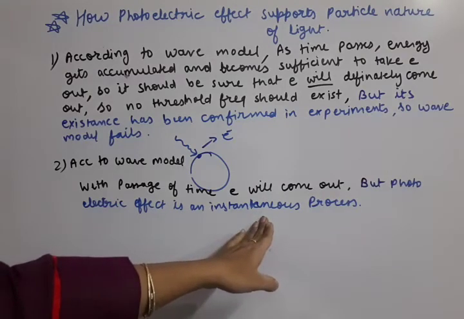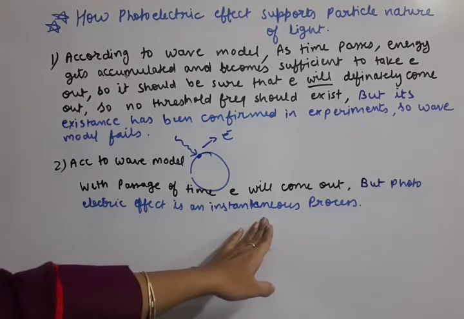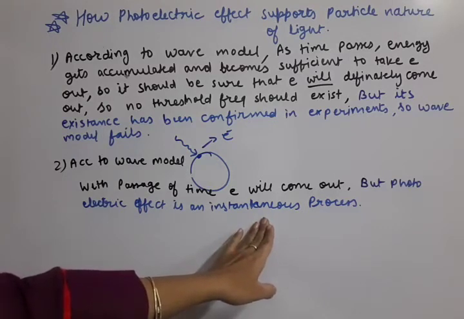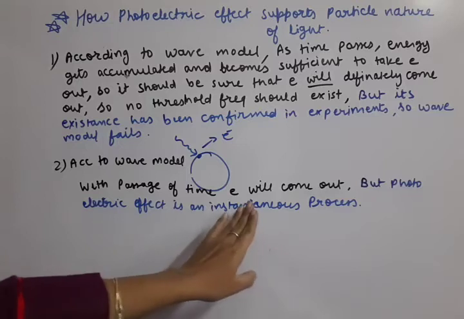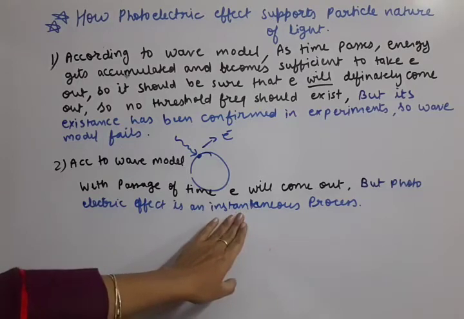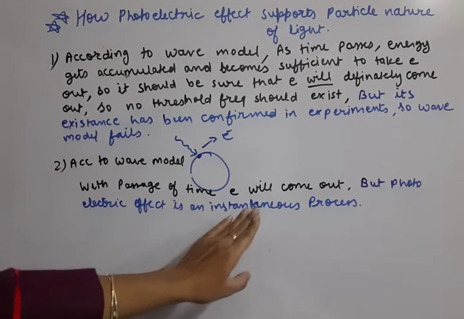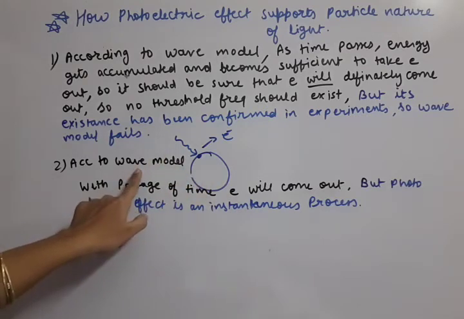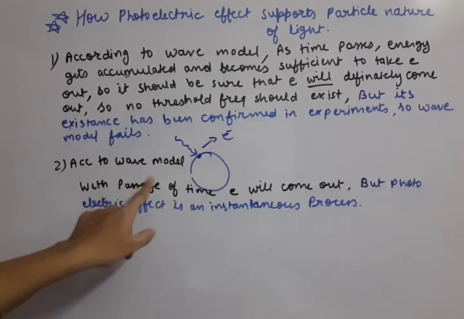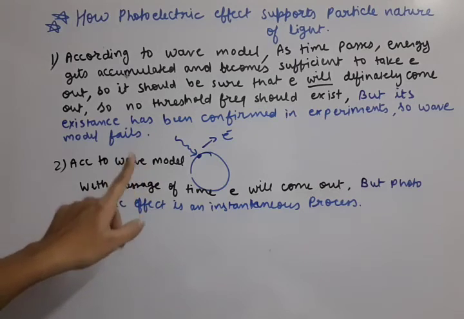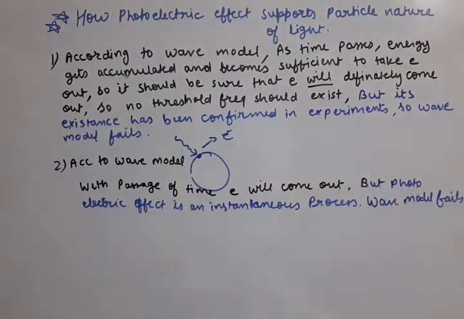If the electron has to come out, it will come out immediately, and if it does not have to come out, then it will never come out. So the instantaneous nature of the photoelectric process also rules out the wave model. Here also the wave model fails.